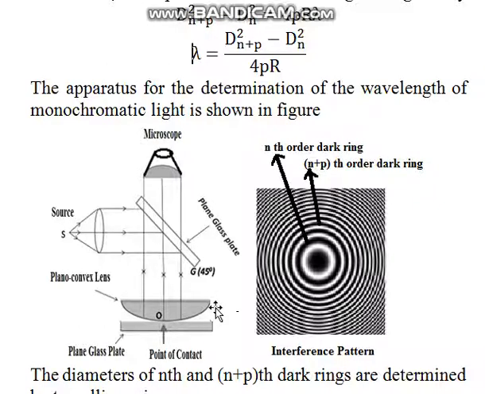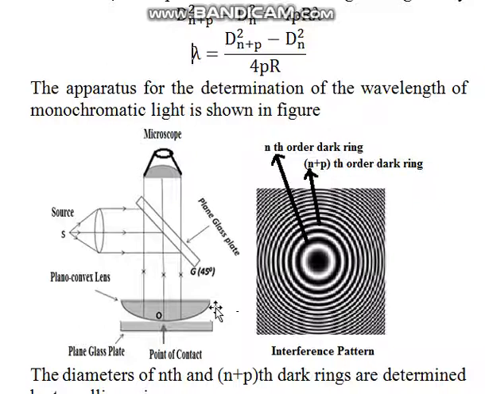The reading of the microscope is noted down, and then the microscope is slowly moved to the right side and its reading is noted, keeping the crosswire tangential to the rings. Similarly we note down the readings of different dark rings, and the difference in reading on the two sides of the ring will be its diameter.